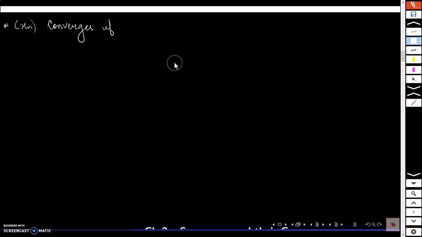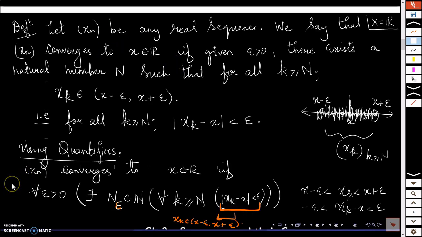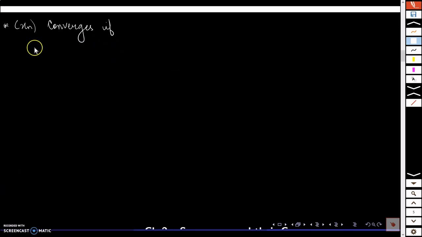So the definition using quantifiers will change this way. Xn converges if there exists a real number x such that, then this will go on for every epsilon positive, right? So there should be a point to which it converges.